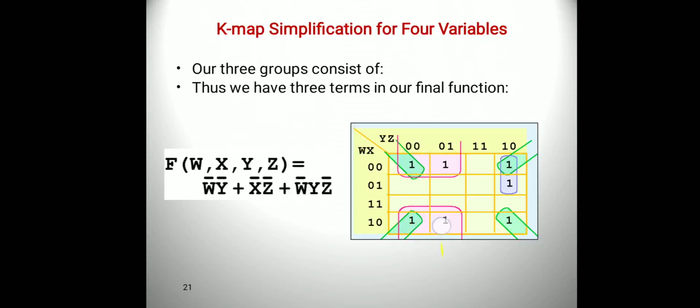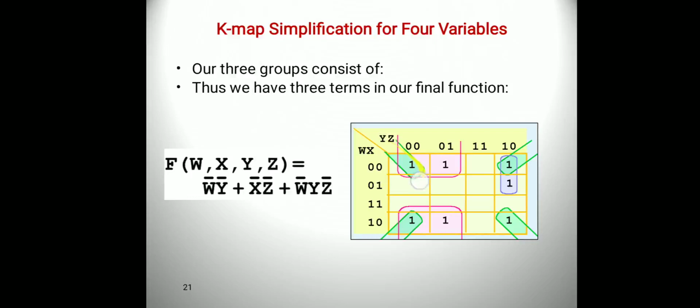In the first and second columns y is equal to 0 and z changes from 0 to 1, therefore z is eliminated. Means x and y only remain and both contain the value 0, therefore its term is x complement y complement. This is the reduced form.